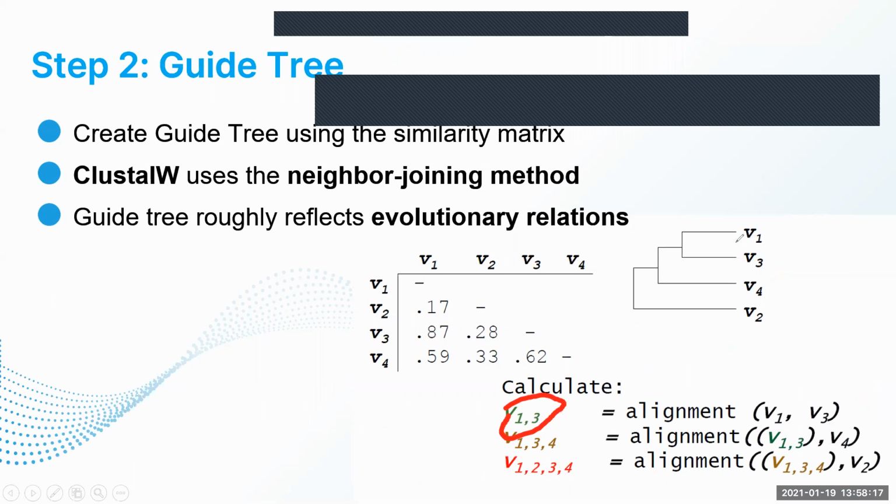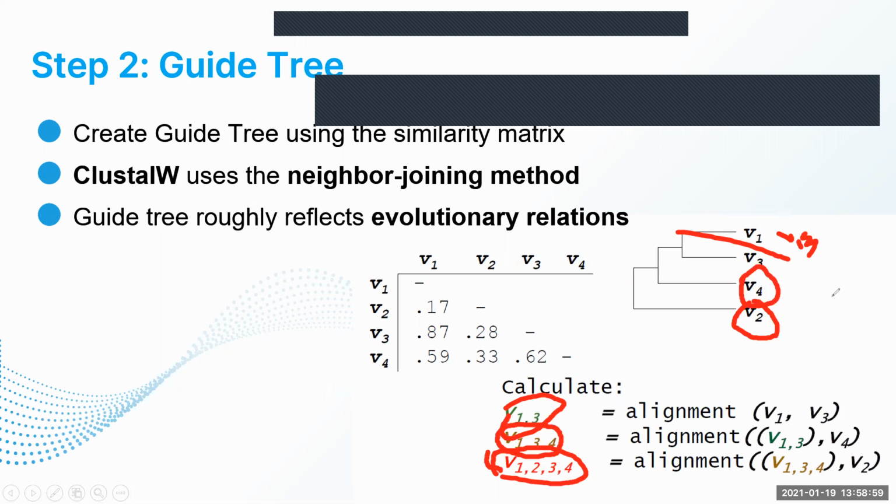Then V4 is the next closest one, so we align V13 with V4 and get a new sequence. Finally, V2 is the most far away, so we align V134 with V2 and get V1234.